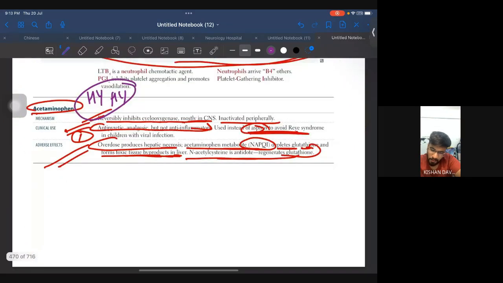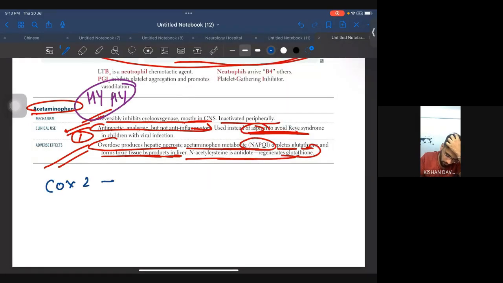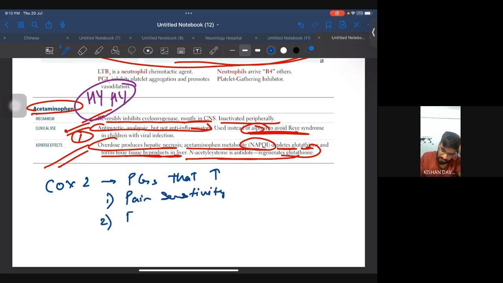Now, one general point, if you want, you can write it down, that I thought of during my preparation. COX-2 PGs increase, PGs meaning prostaglandins: first, pain sensitivity; second, fever; third, vascular permeability.